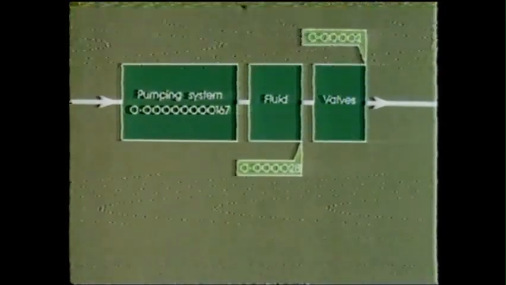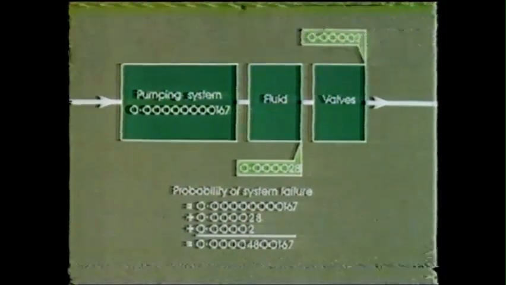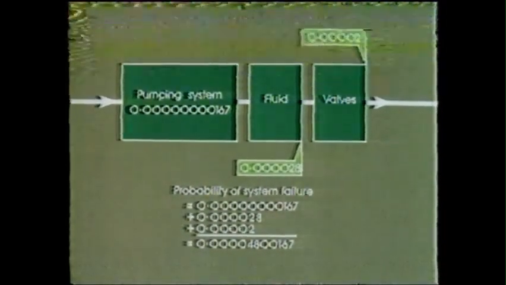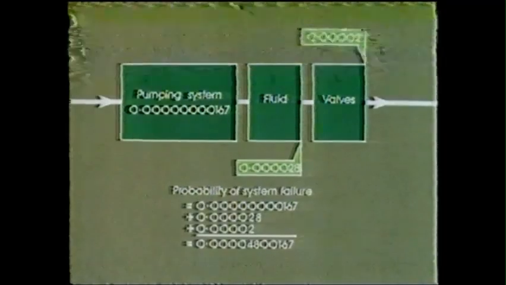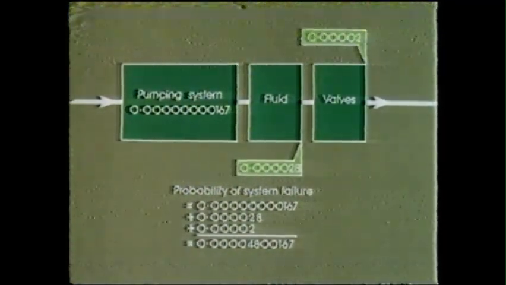The system can also fail as a result of the loss of hydraulic fluid or control valve failure. And so, the overall probability of failing is the sum of these individual probabilities. The probability of pumping failure is so small compared with the last two that it can be ignored.